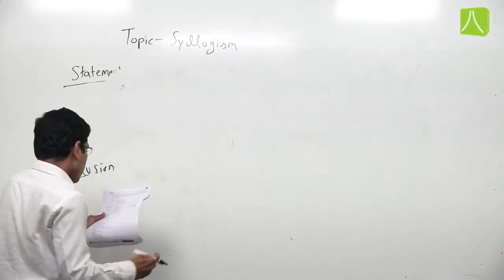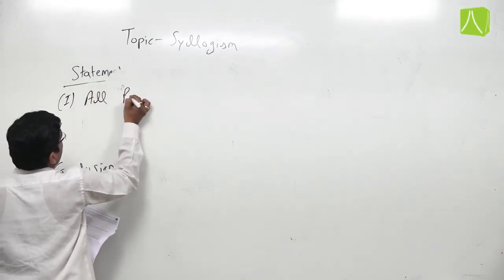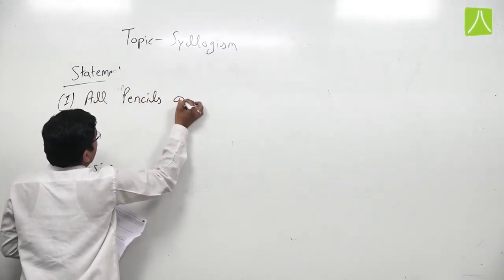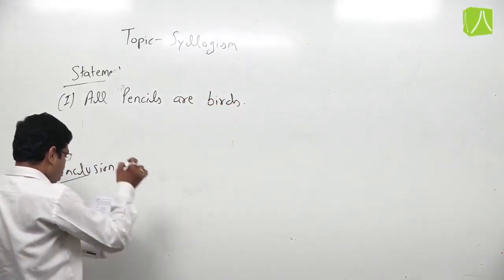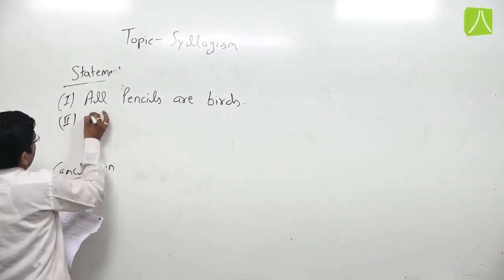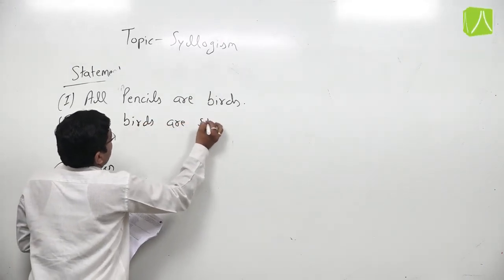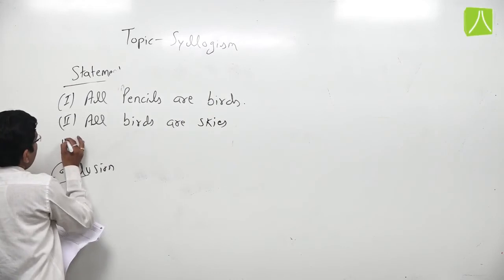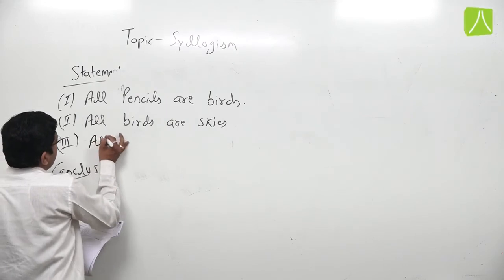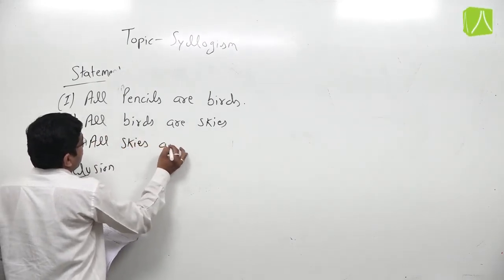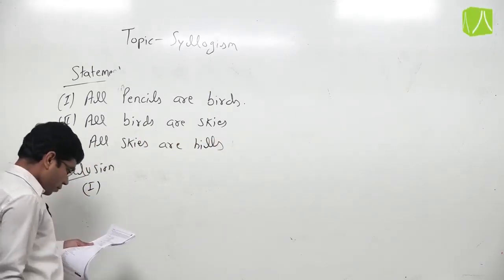Now take the next example. Suppose the statements are: all pencils are birds. All birds are skies. Third statement is all skies are hills. Now the conclusions which we have to check.